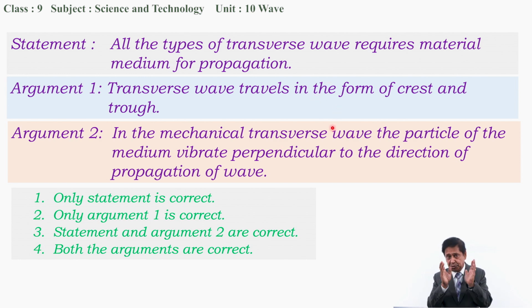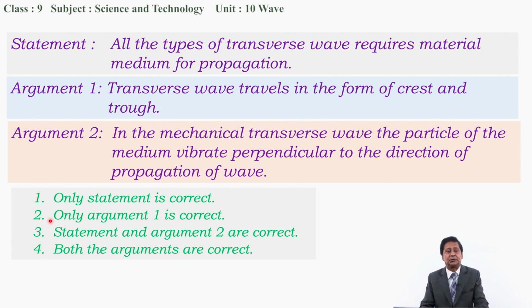That's why electromagnetic waves are transverse waves. And here it is written, all the types of transverse wave require material medium, but electromagnetic wave doesn't require any material medium. That's why this statement is not correct. So option number 1 is not correct.